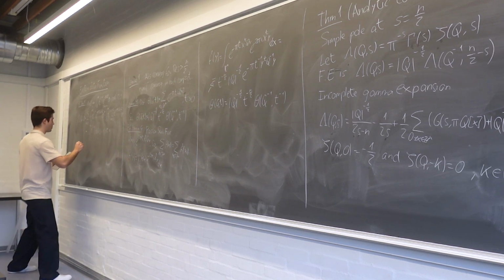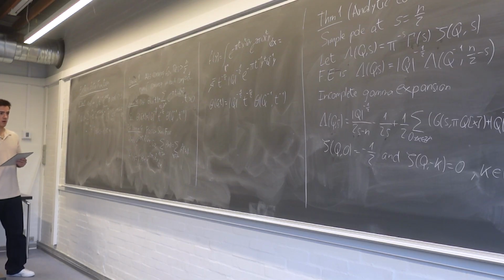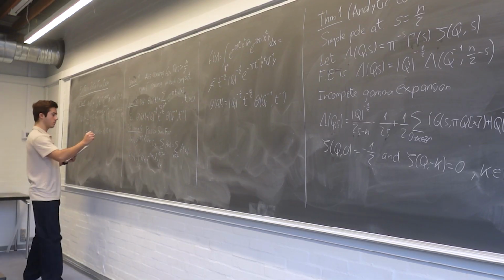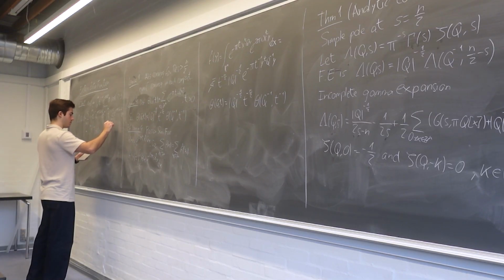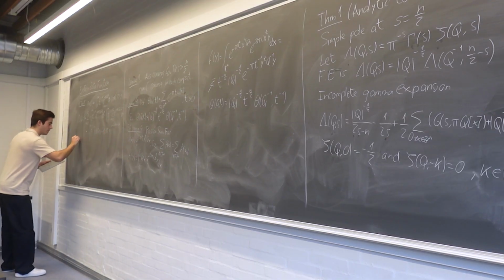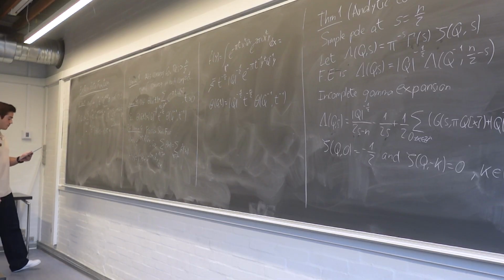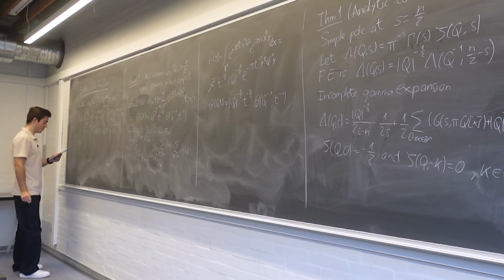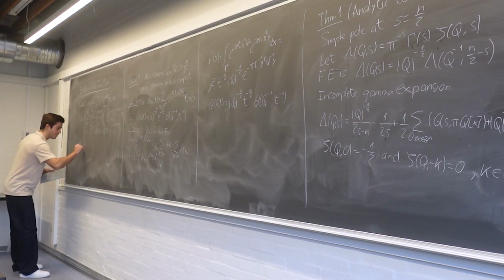Now we use our lemma inside. So we have the absolute value of Q, or determinant of Q, integral from 0 to infinity.